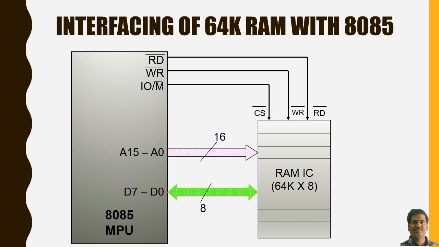The address lines to be interfaced in this particular case are A0 to A15, and the data lines that are interfaced are D0 to D7, which is always there, that is nothing but 8 bits, 1 byte in this particular case. So this is the typical interfacing of 64K RAM with 8085 microprocessor.